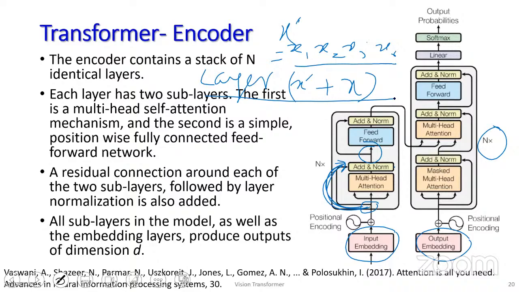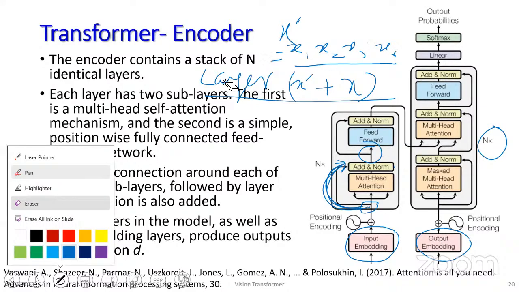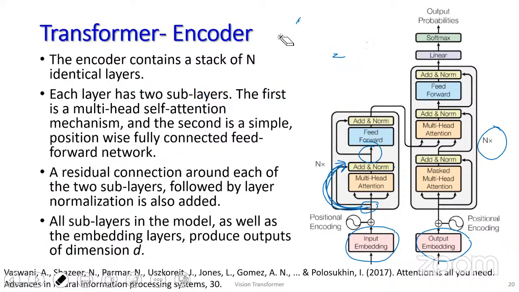And feature-wise, I will be finding the mean and standard deviation and normalizing each vector. That is what layer normalization is. Is that clear to you? Please say yes if you are clear about it.